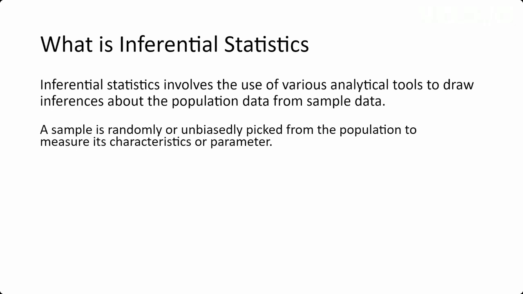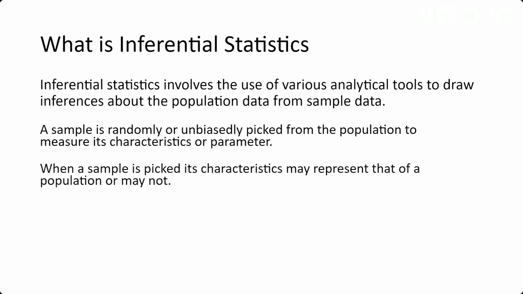You pick a sample because it's not always that you are able to test the entire population, because most of the time the population may be huge and it may not be practical for you to perform that exercise. So it's an issue of picking a sample and then concluding from the sample about the entire population. When a sample is picked, its characteristics may represent that of a population or may not.